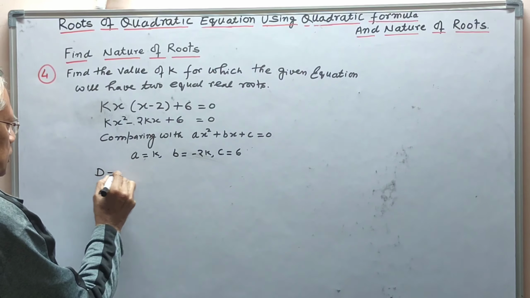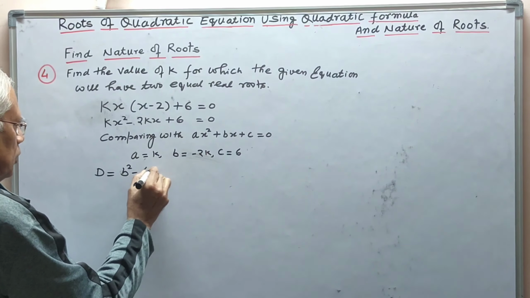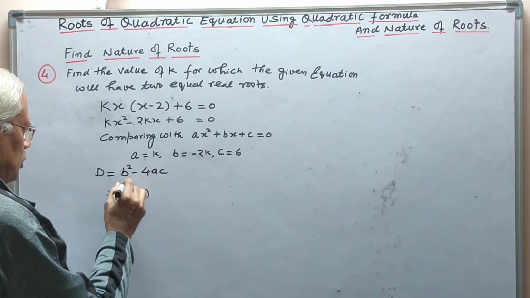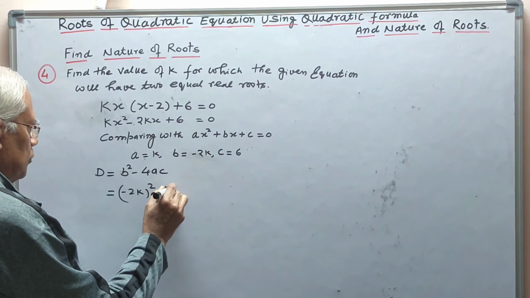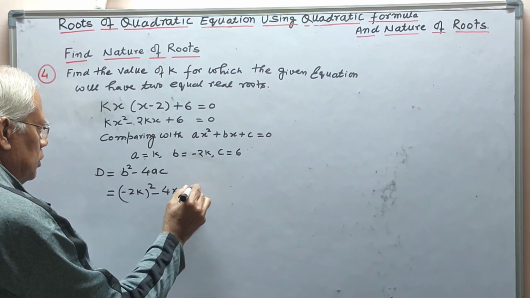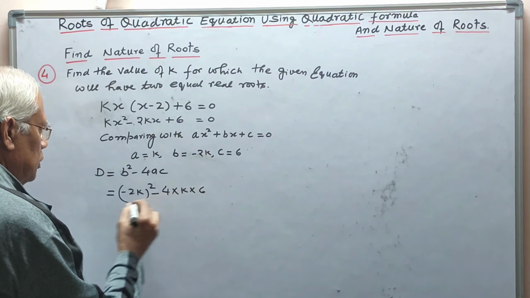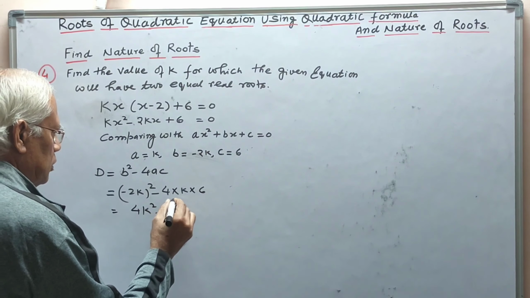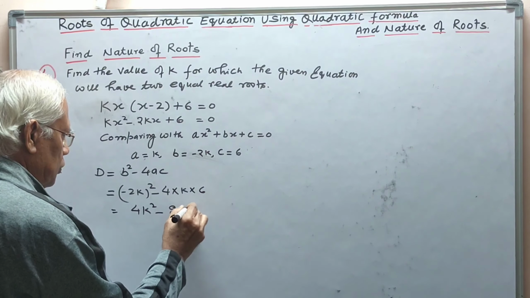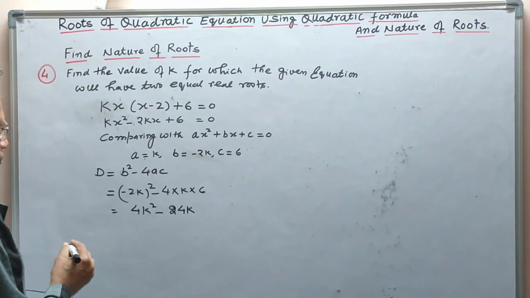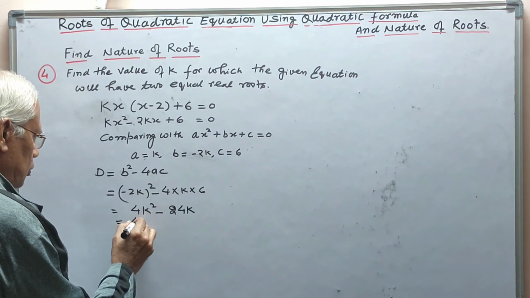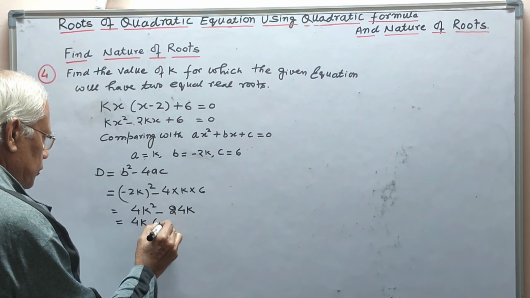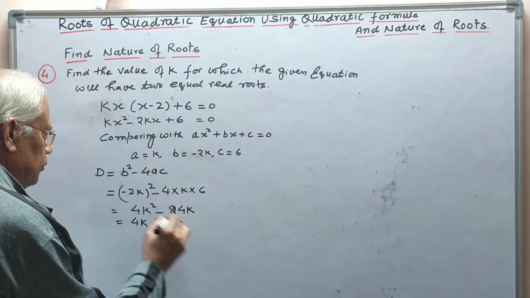So discriminant d is equal to b square minus 4ac. What is b? Minus 2k whole square minus 4, a is k, and c is 6. So this is 4k square minus 24k, or 4k common, k minus 6.